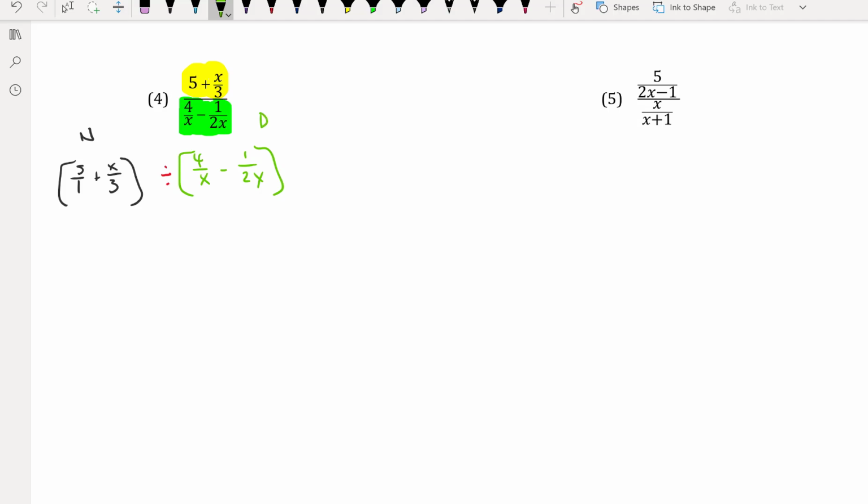Here, I need to find my LCD for my numerator. My LCD is going to be 3. So I'm going to multiply top and bottom of the 5 by 3, so I have 15 over 3 plus x over 3.